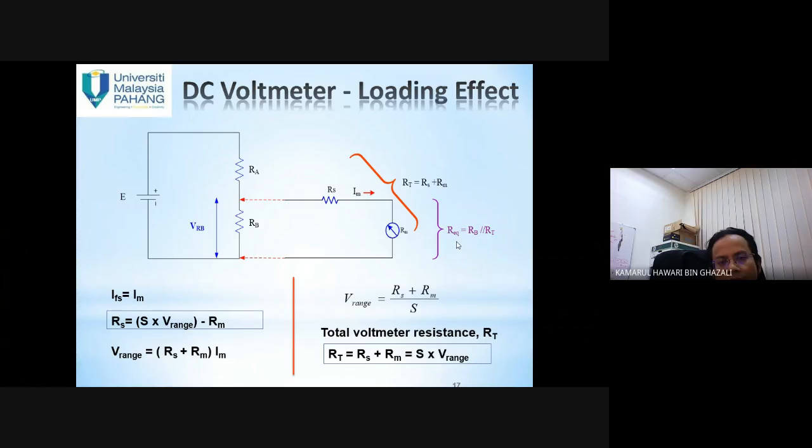Then Req equals Rb parallel to Rt. Then V range equals Rs divided by Rs plus Rm divided by sensitivity S. The voltmeter resistance Rt equals Rs plus Rm equals S multiplied by V. These are all the formulas related to the loading effect.